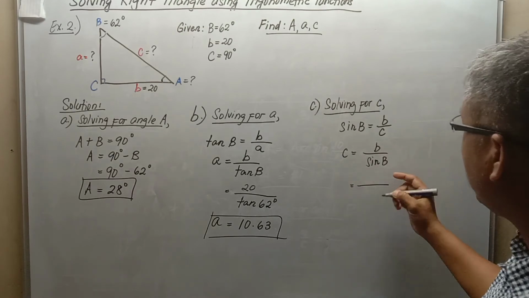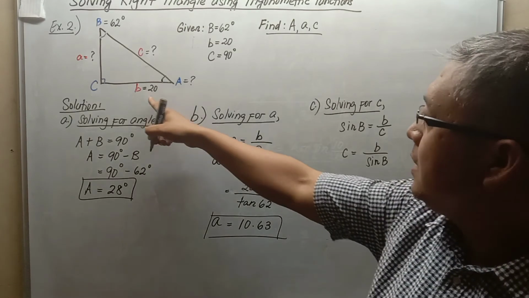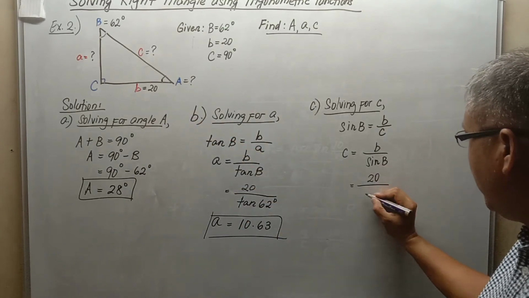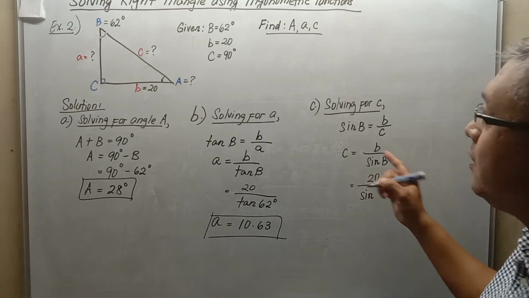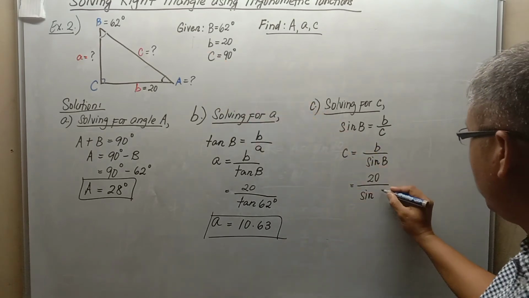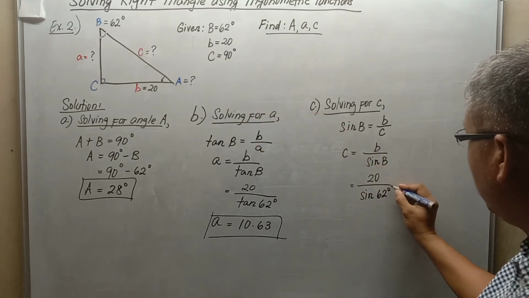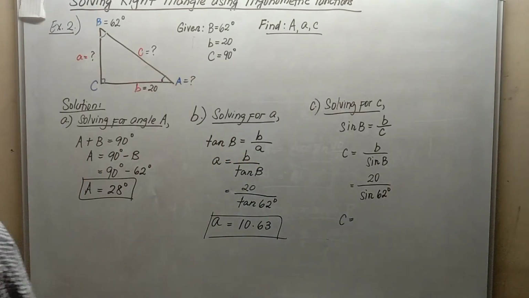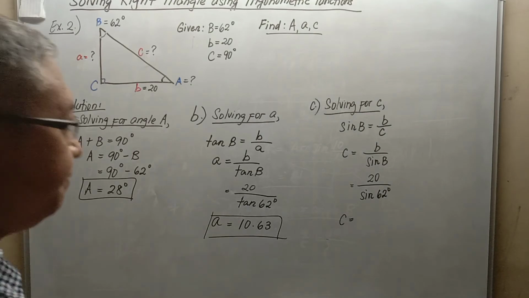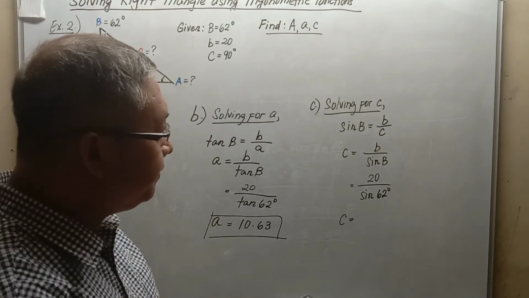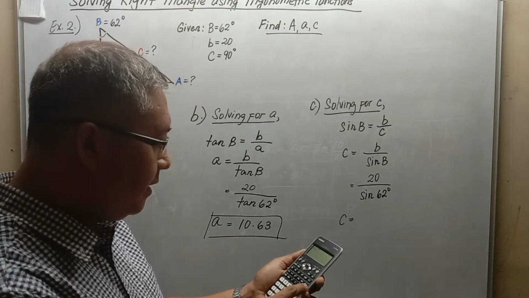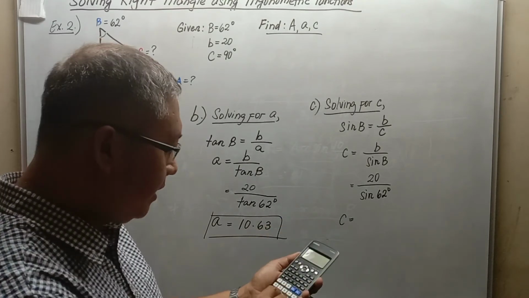So, substitute the values, guys. How much is B? We have 20. I hope you followed. Then sine B. How much is the value of angle B? 62. So, C will be equal to how much, guys? 20 divided by sine 62 degrees.